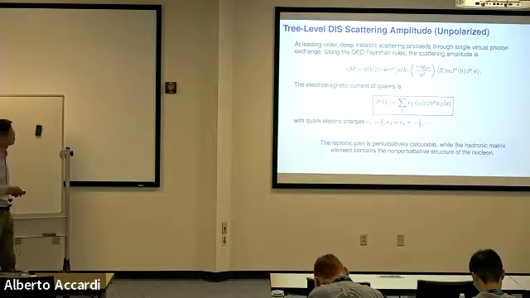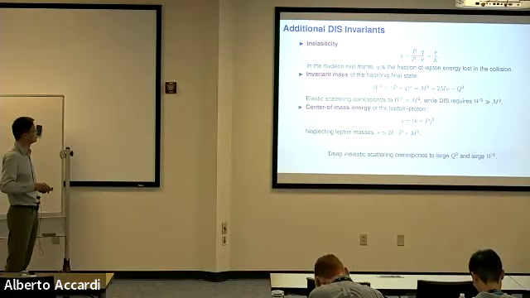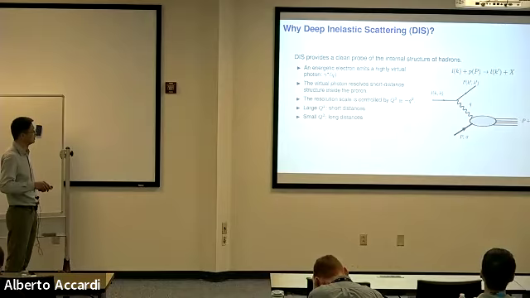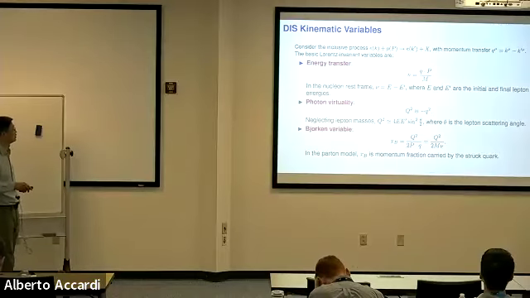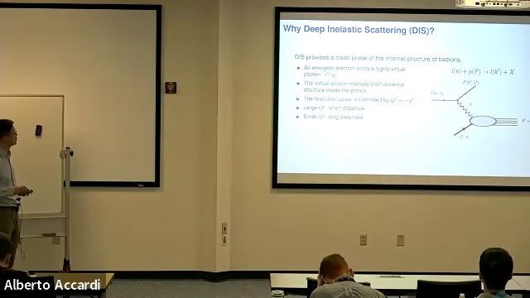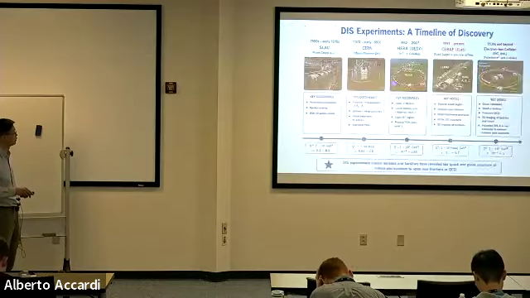Now we want to start the calculation of this process. We have electron in, electron out, exchanging a virtual photon with the proton, and then generating a final state. This is the QED part, because the interaction here is a QED vertex, with the electron and the photon.